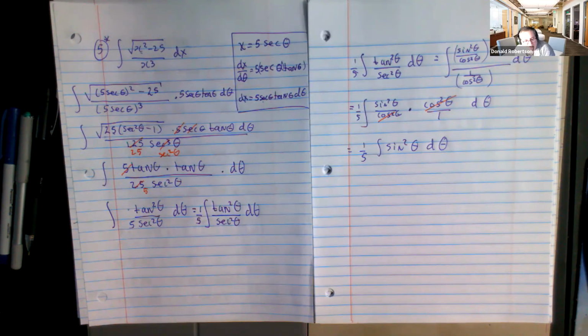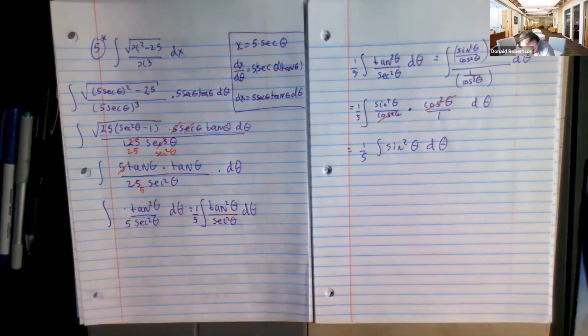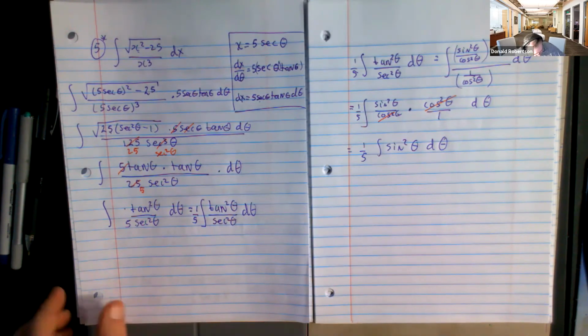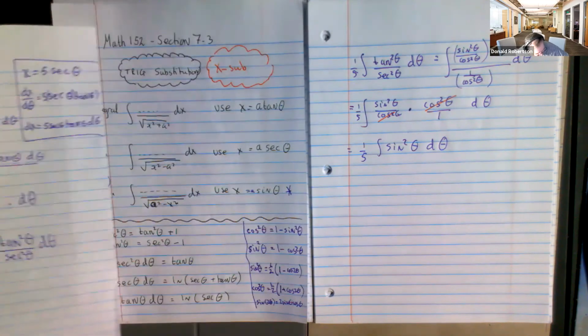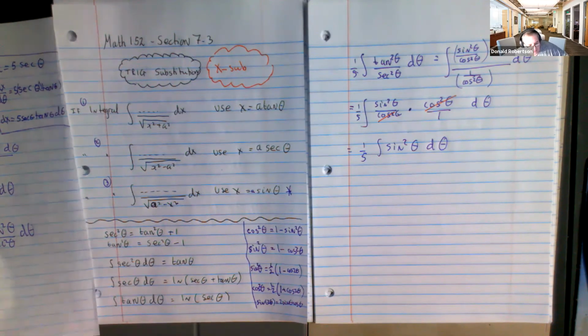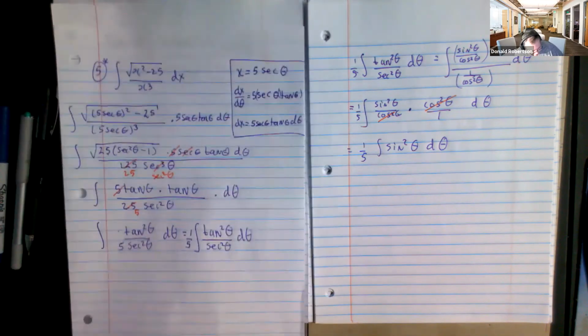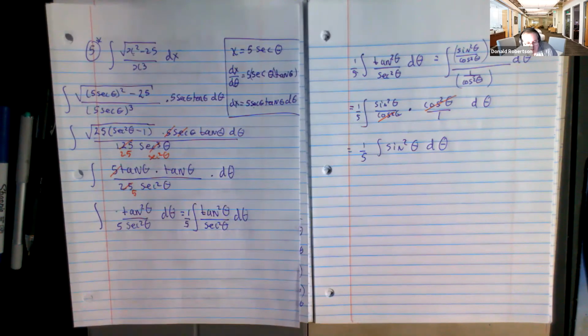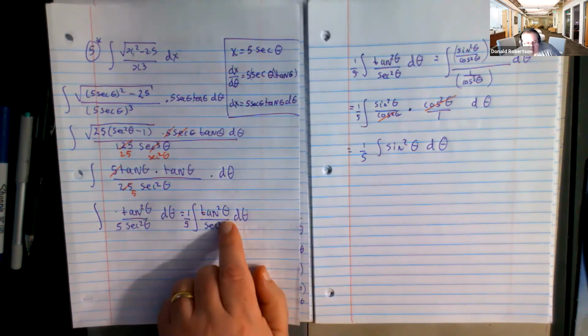Just on the off chance, has anybody got any other ideas of how you might tackle this? And it involves an identity, as typically it does. Any other ideas about how you could tackle this fraction?